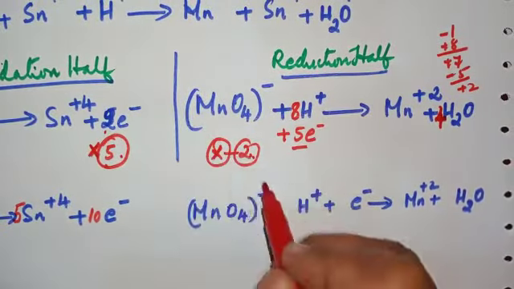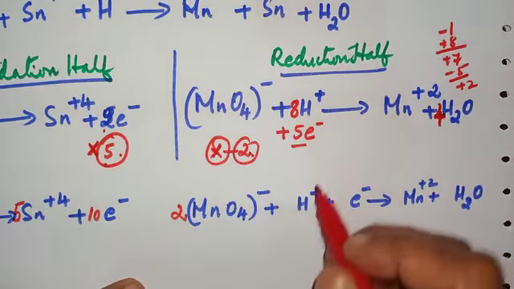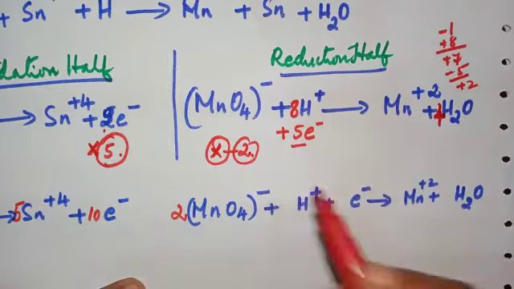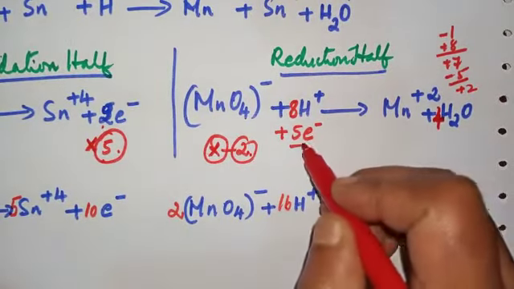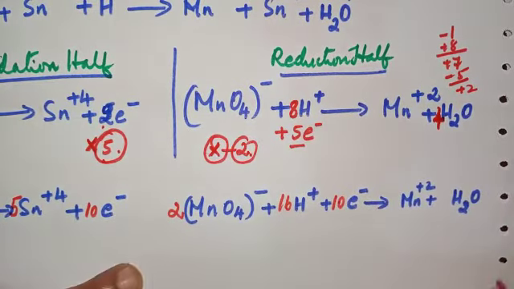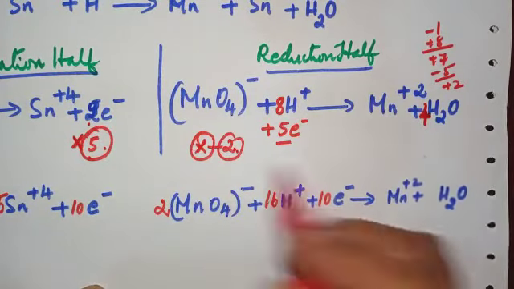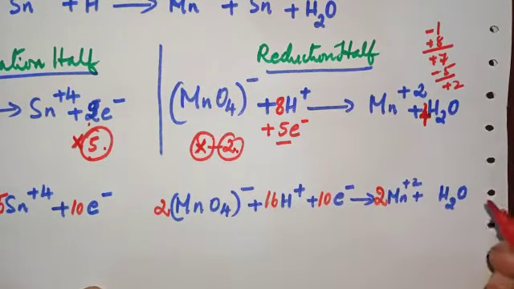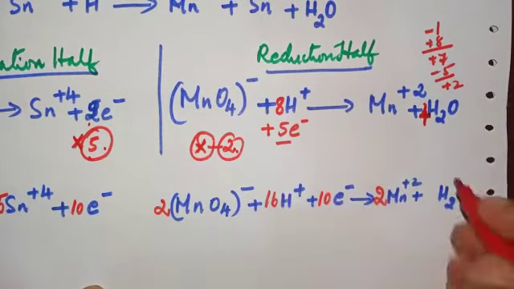Here there is only 1 MnO4− ion, so 1 into 2 is 2 MnO4− ions, plus 8 H+ ions, which multiplied by 2 becomes 16 H+ ions. Here 5 electrons into 2 is 10 electrons. Here only 1 Mn2+ ion, so multiplied by 2 it becomes 2 Mn2+ ions, plus H2O, which multiplied by 2 becomes 8.